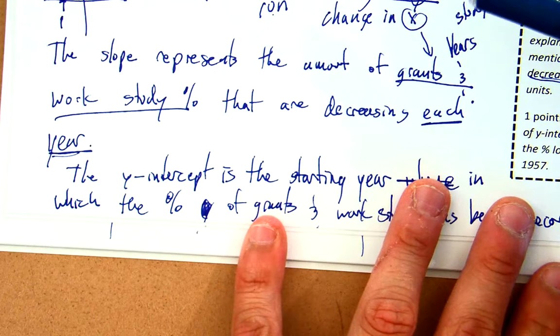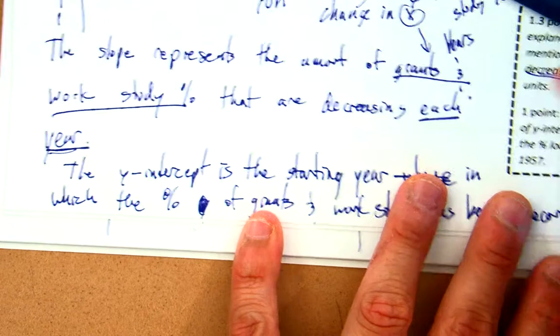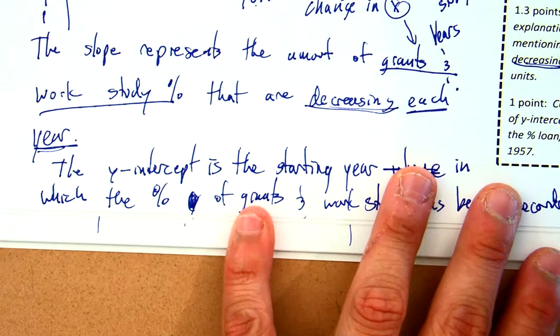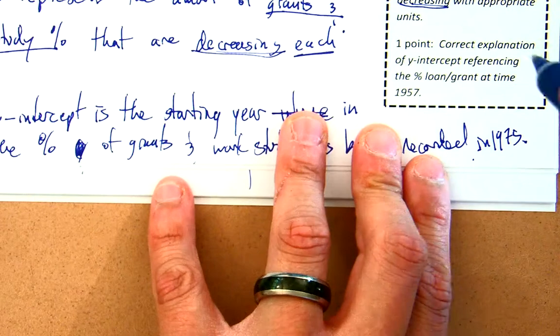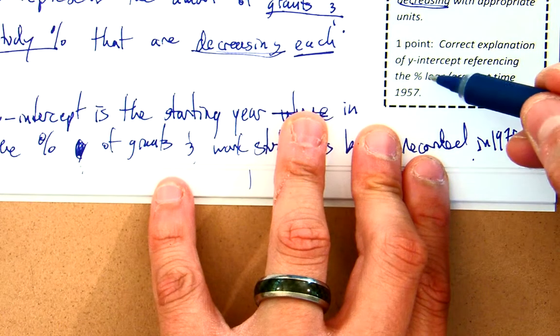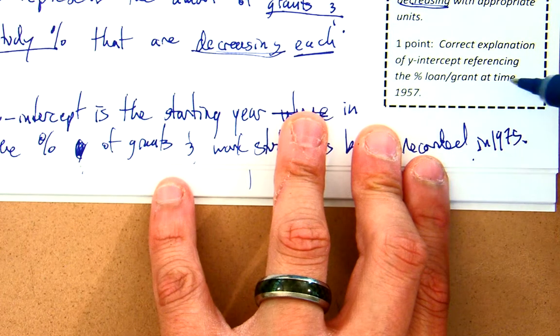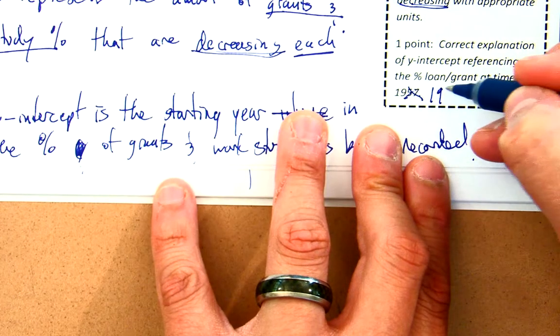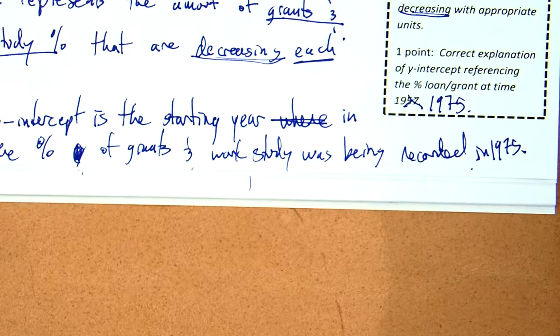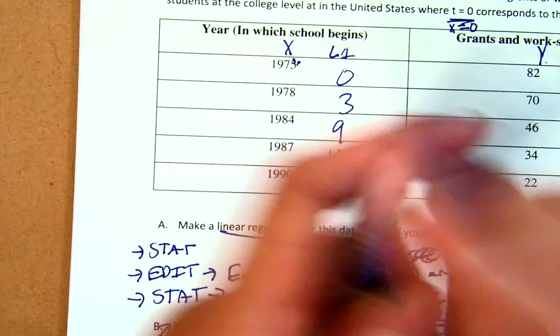So you have to mention that. You have to mention decreasing. What if it was increasing? Yeah, the slope would be positive, right? Now, look at the y-intercept. Correct explanation of y-intercept referencing the percent of grants and loans at time where? Oops, I messed up. It should say 1975. Good? Alright, so we're going to practice a little exercise.